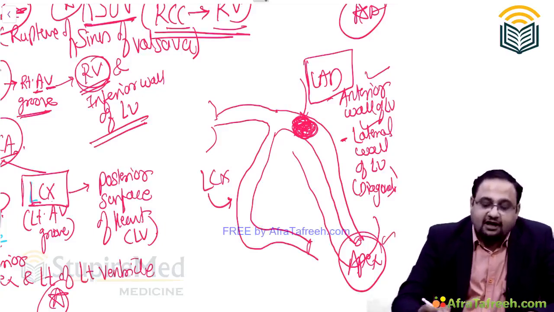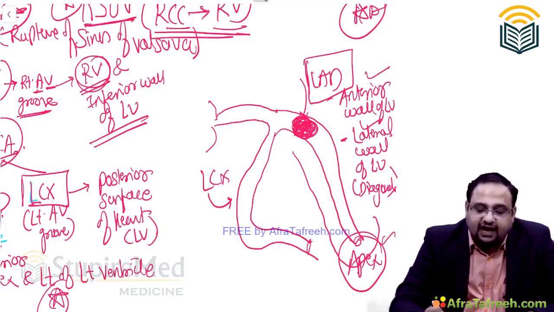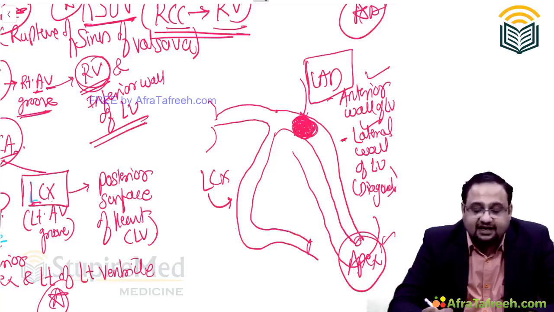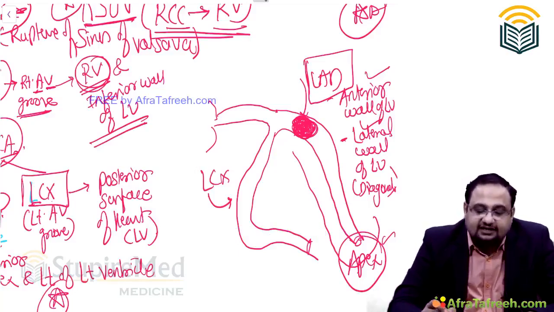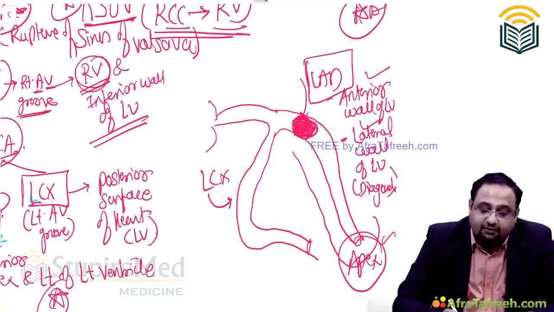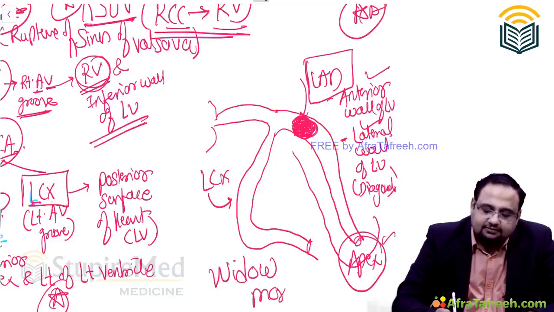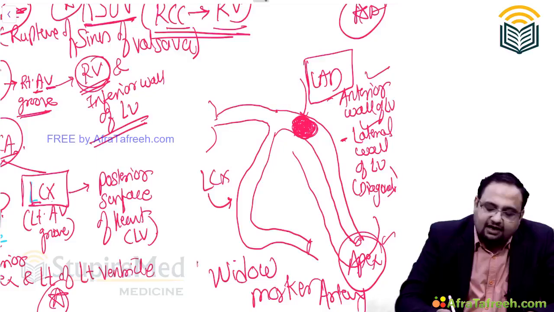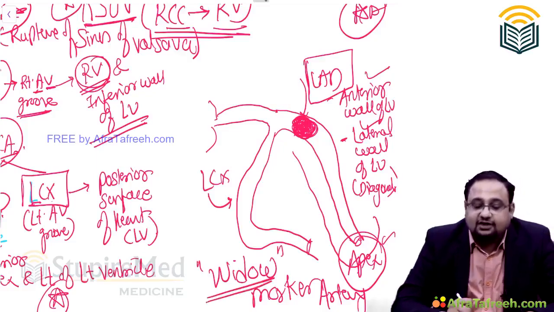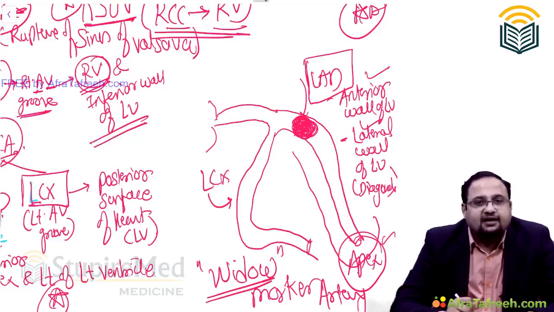Complete occlusion of the proximal left anterior descending artery can take the life of many adult patients. This artery is hence known as the widow maker artery. I repeat again, the proximal left anterior descending artery is known as the widow maker artery.